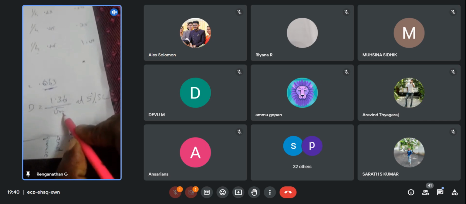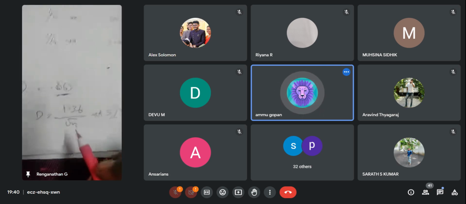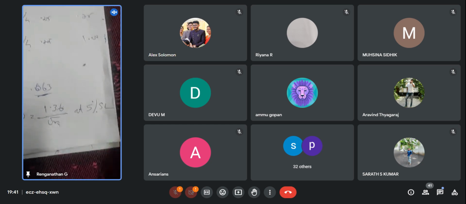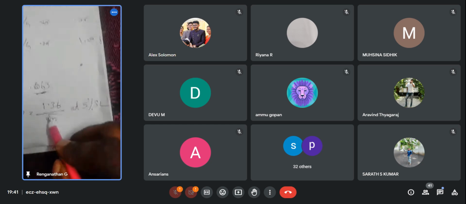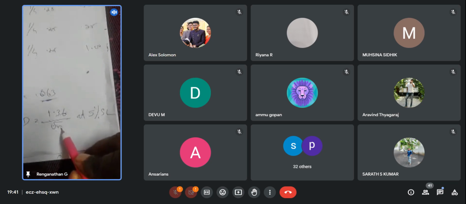1.36 divided by root n is available in the D table. If you cross check the D table, you can see it.